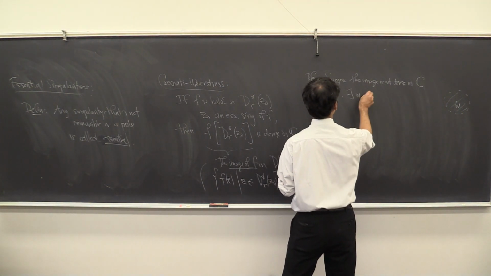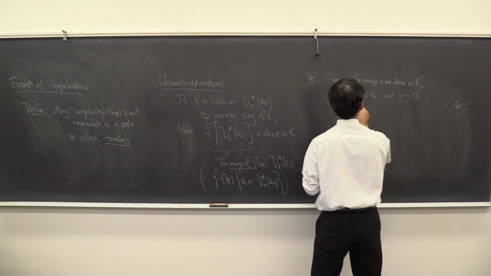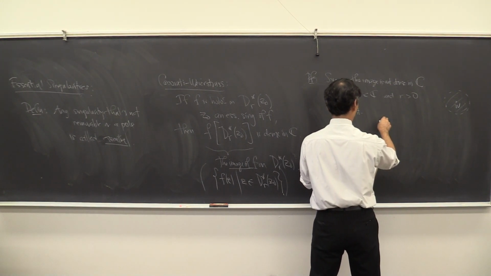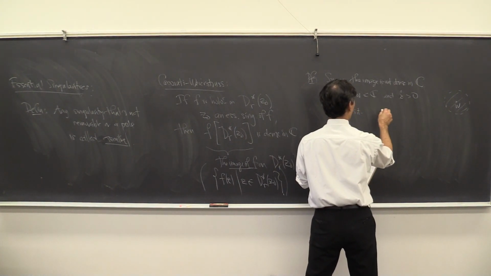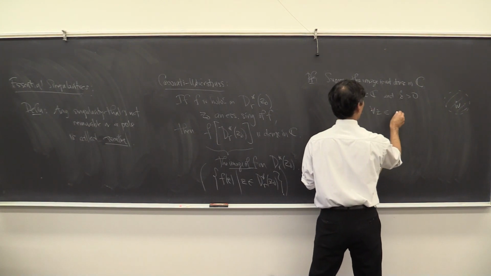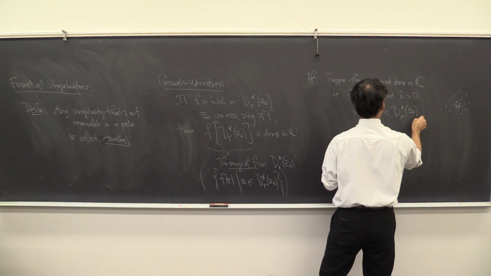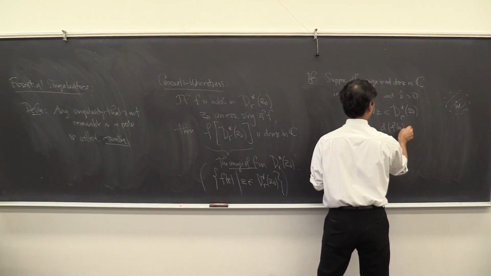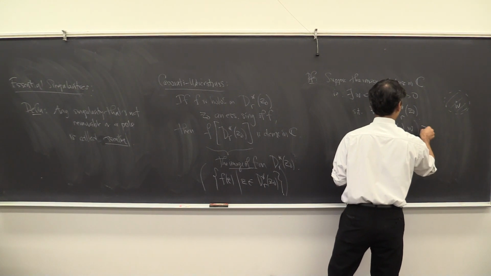There exists this point W in C, and a radius delta such that if you take any point in our disk, then the distance from its image to W is greater than delta.